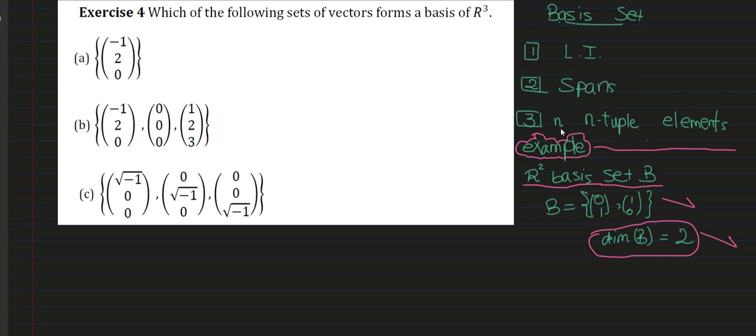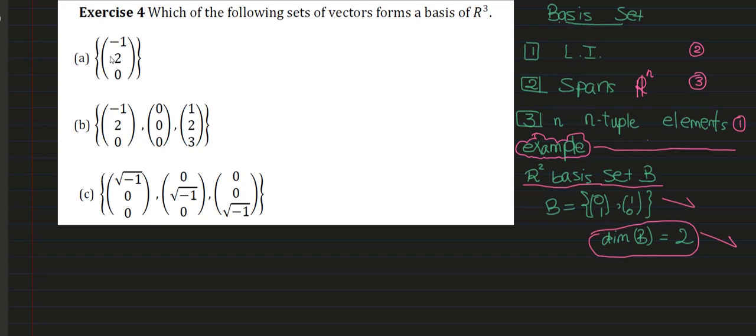The first check is that they are n-tuple elements and that they are n vectors. So first we check that they are n vectors of n tuples, then we check the linear independence, and finally we check the span if both agree. If they are not n-tuple elements from the beginning, then we will not check anything, and we will say that they are not a basis set.